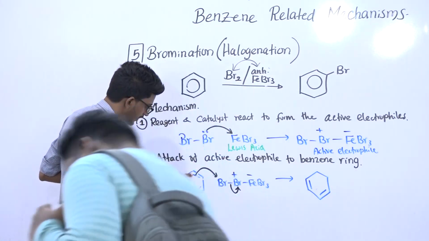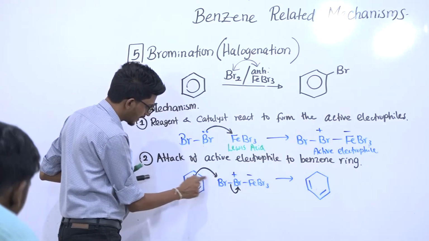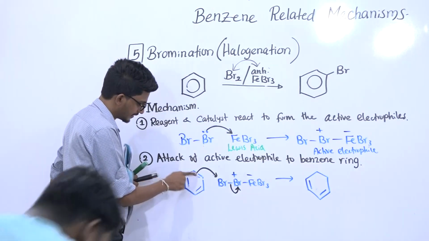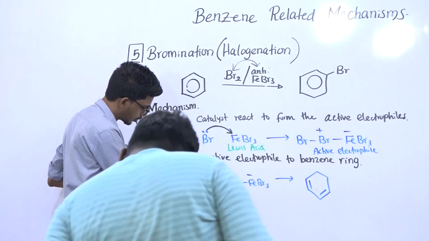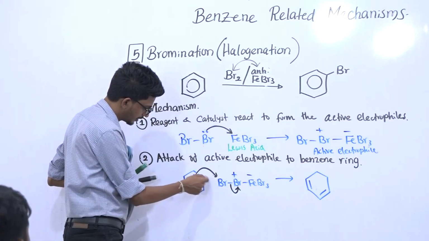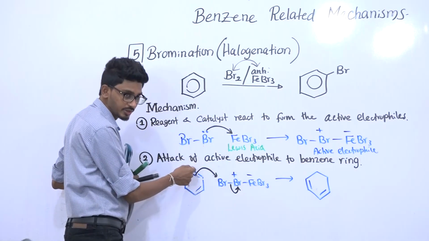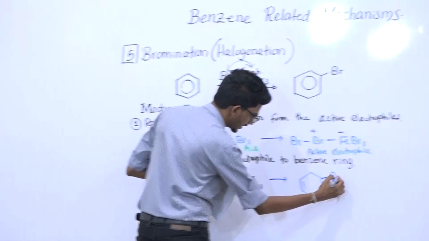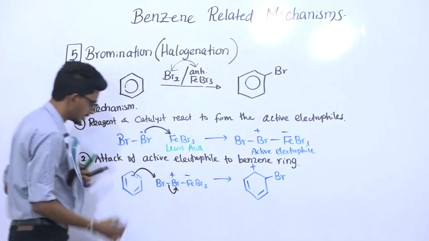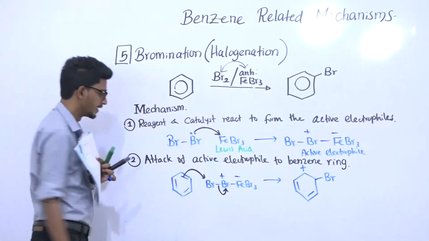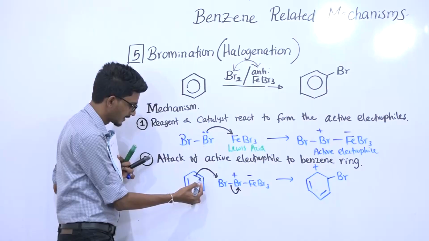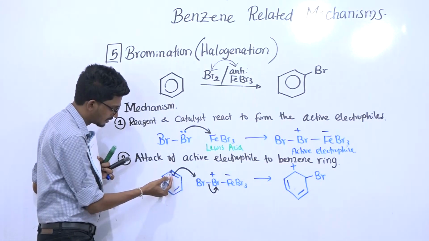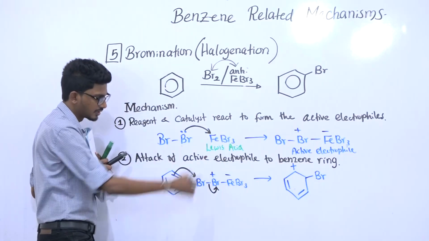This electron will be given to the bromine to form the bond, so that this carbon atom gets a positive charge. This electron with the electron at the bromine will be connected. The idea is clear, no? So Br will be connected like this, giving a positive charge to this carbon, as this carbon loses this electron.